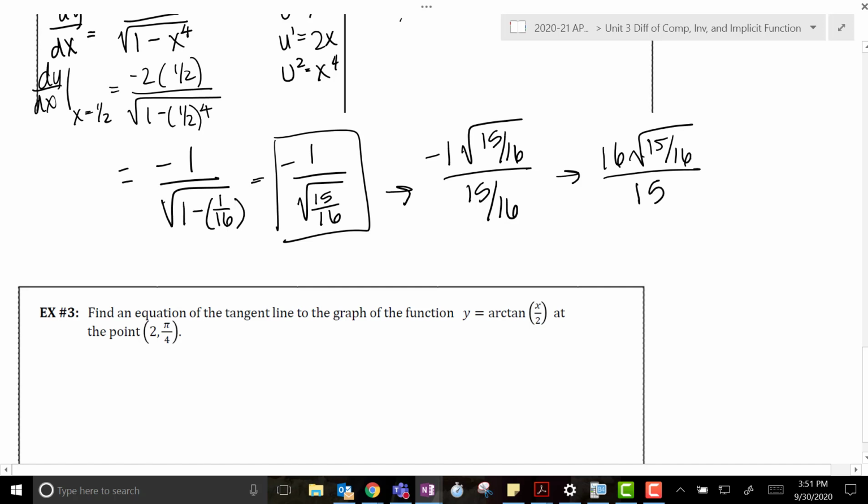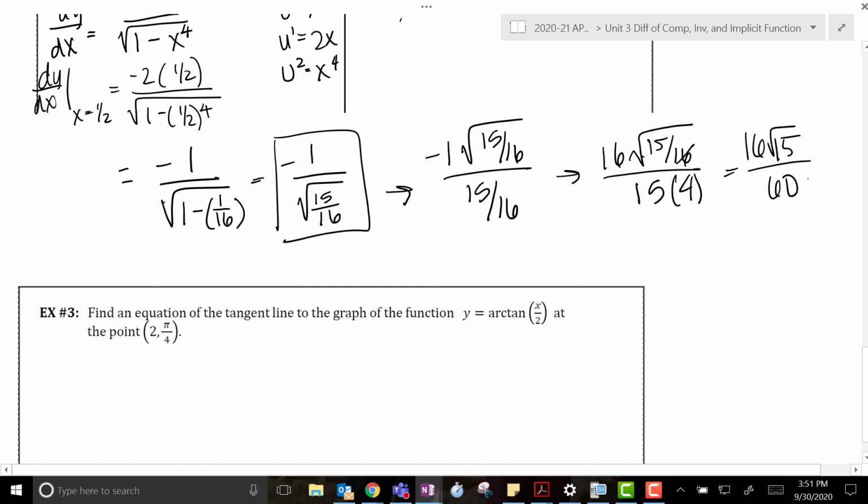Or, if we get rid of the square root of 16, which is 4, that pulls the 4 down to the denominator, and that could be 16 root 5 all over 60, and then we could simplify by a factor of 4.